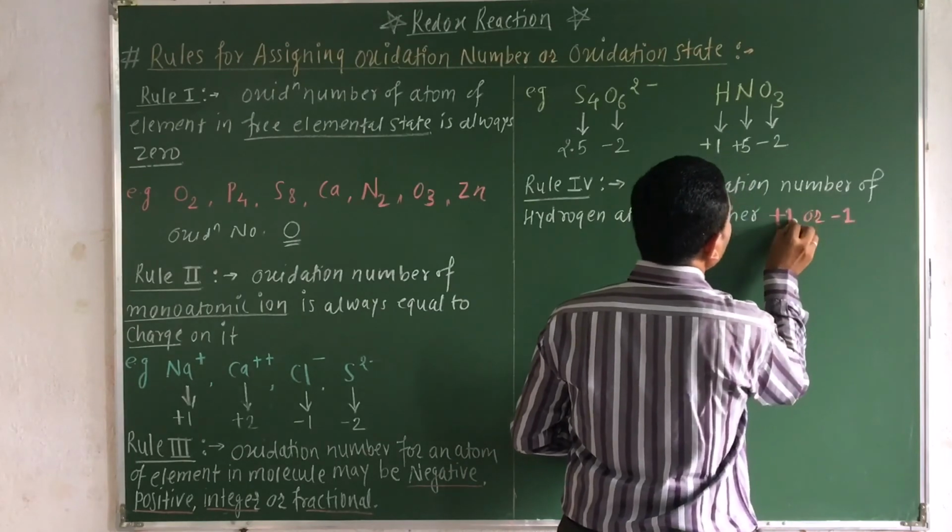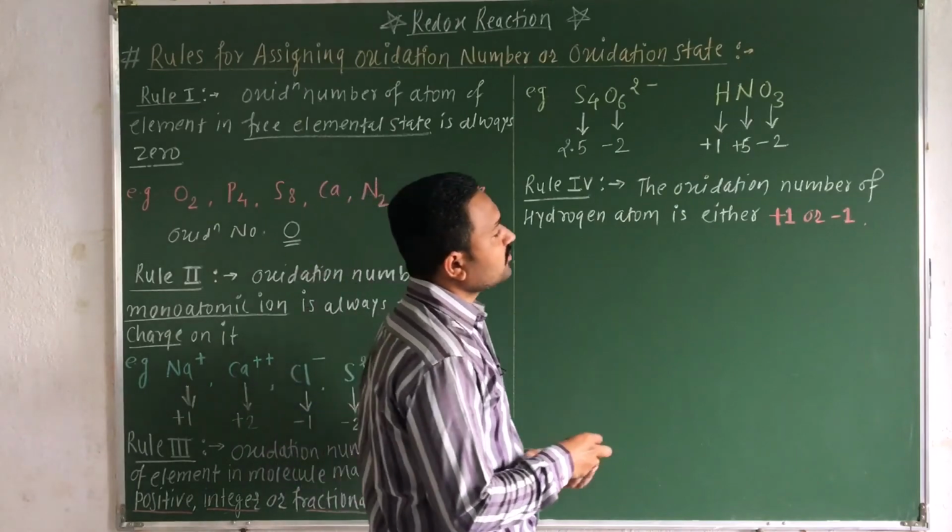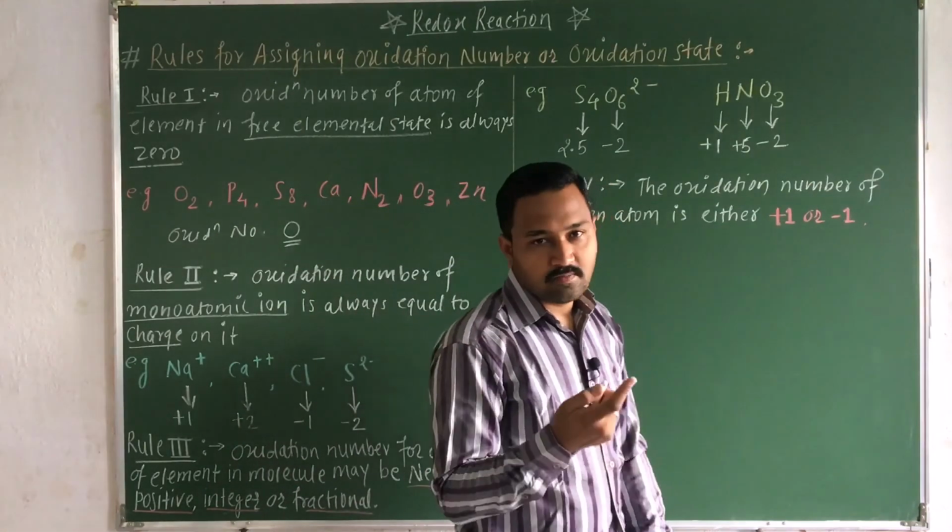Okay, either +1 or -1. Okay, let us find out when the oxidation number of hydrogen atom is +1 and when is the -1.